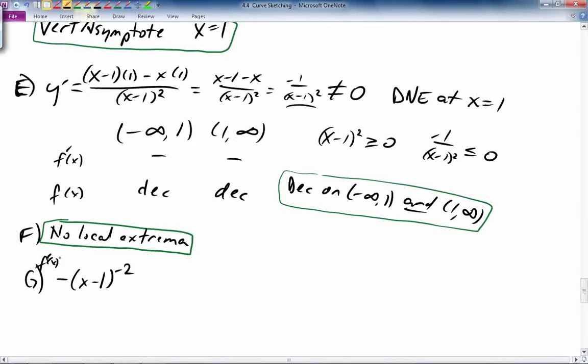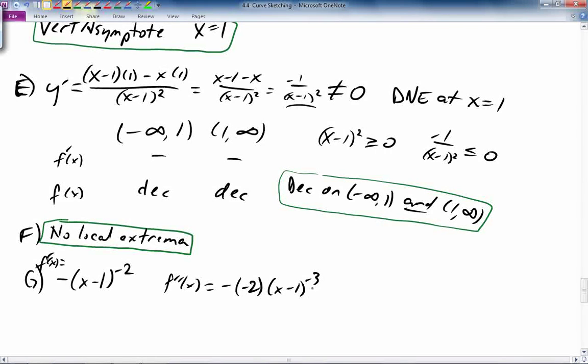Okay, so that's my f prime of x, that's my first derivative. So now that I have it in that form, I can differentiate it by simply using the chain rule. The negative coefficient stays the same, and this exponent comes down, so that's a negative 2, times x minus 1 to the negative 3, using the chain rule and the power rule together. Negative 2 minus 1 is negative 3.